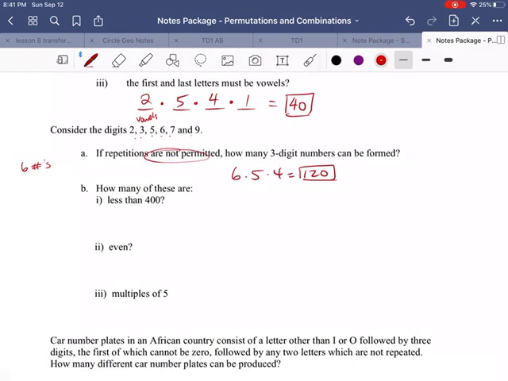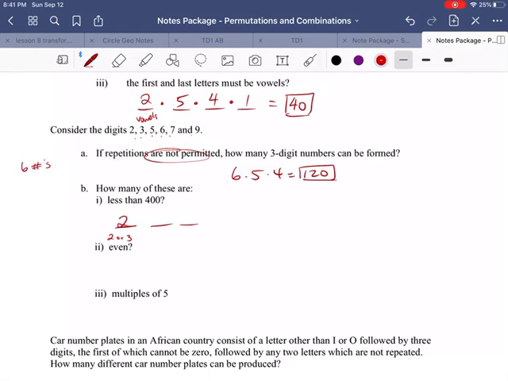How many of these are less than 400? Interesting. Okay, so less than 400, we're still making a 3-digit number, but less than 400 means that it has to be a 2 or a 3 in the first spot. So we've got 2 options. All right, so it's got to be 2 or 3.